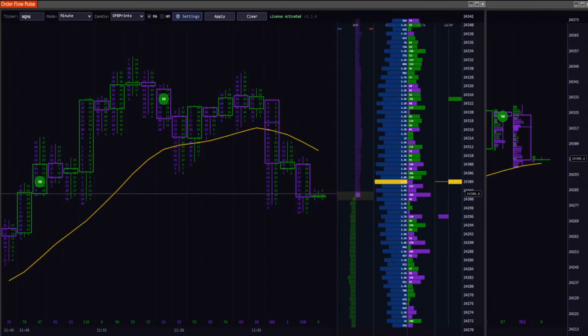So this is very concerning. We've got the 5 minute right at the order flow bar moving average.